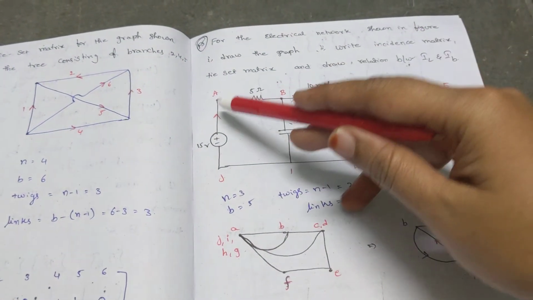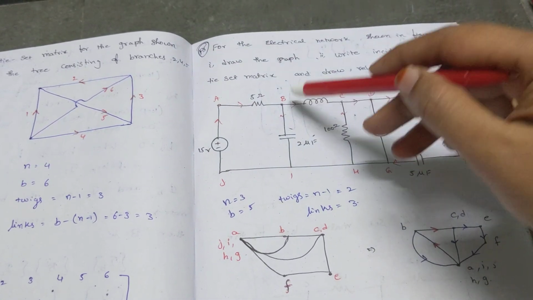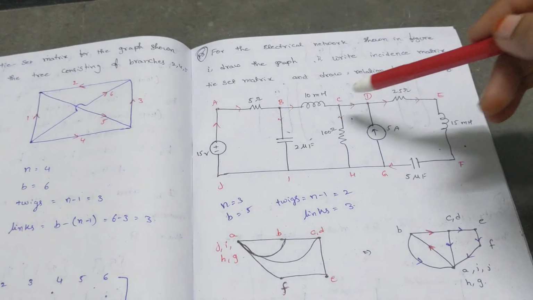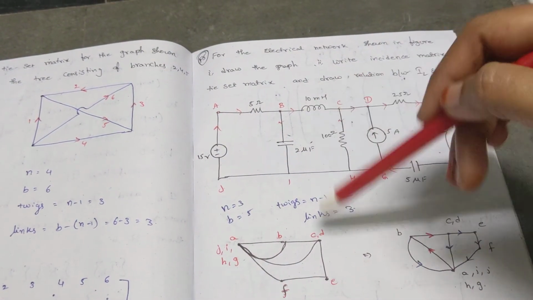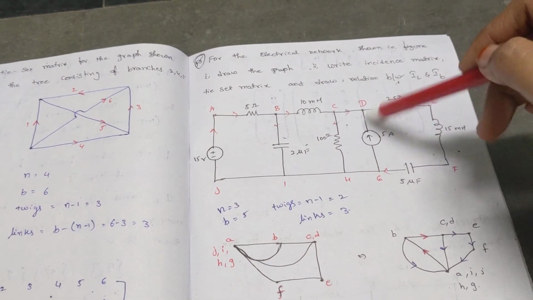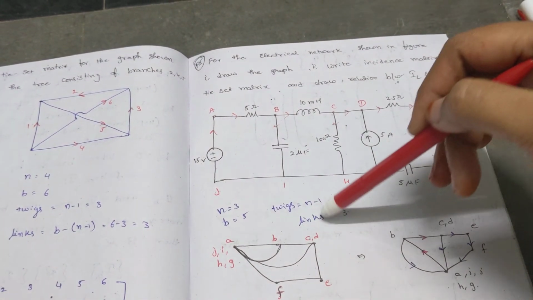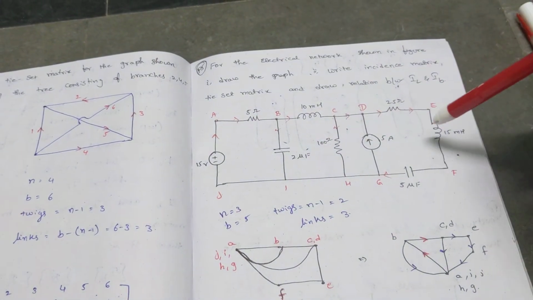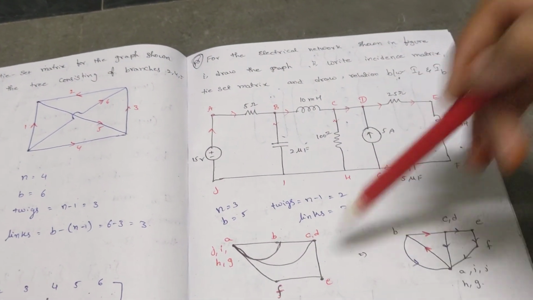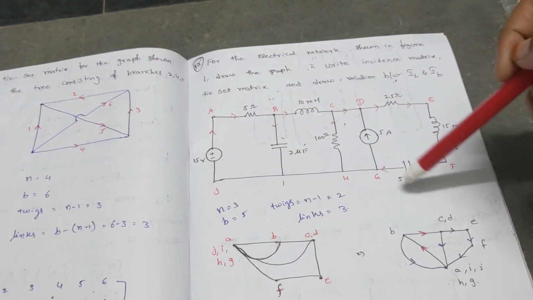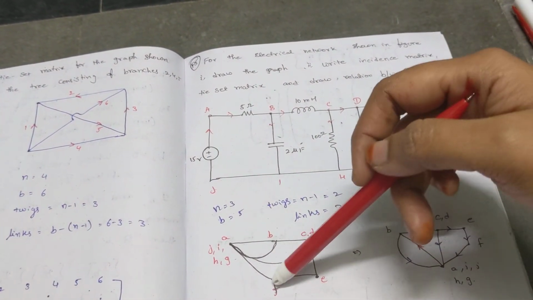From that, A and B having one element, and B to I is also having one element, and B to C were having one element, C to D I didn't have any other element, so I'm considering a single node. And C to H I'm having one element, and from D to E I am having one element, and E to F one element, and F to G I am having one element.